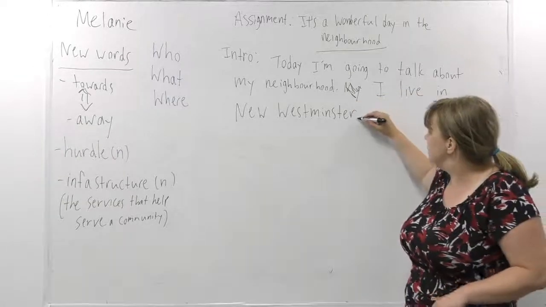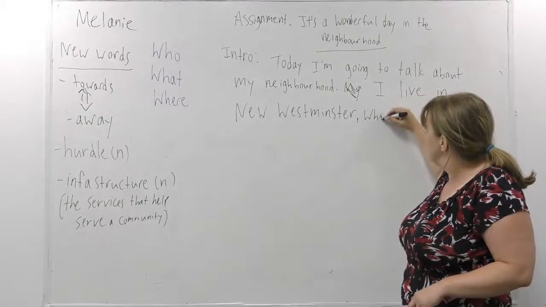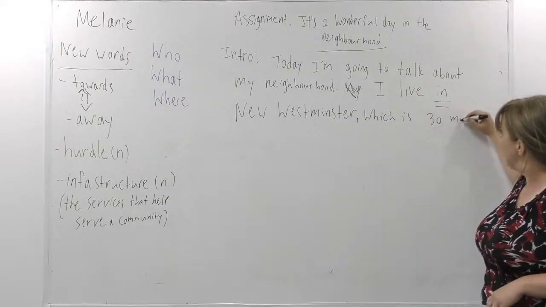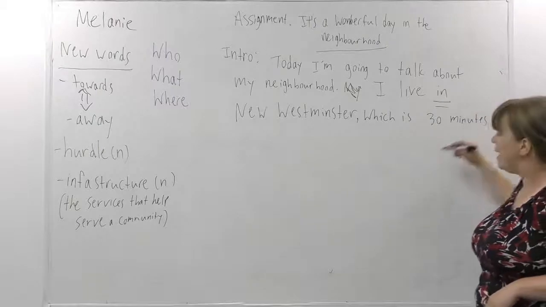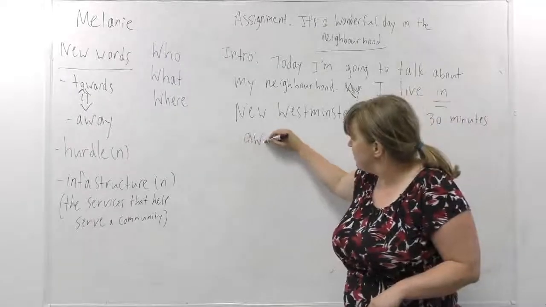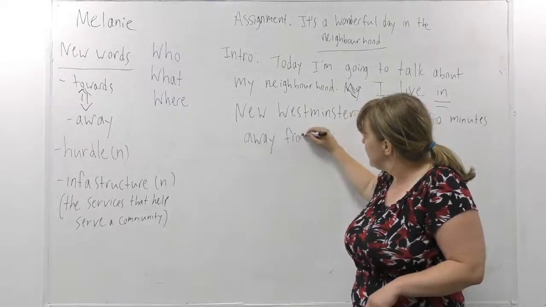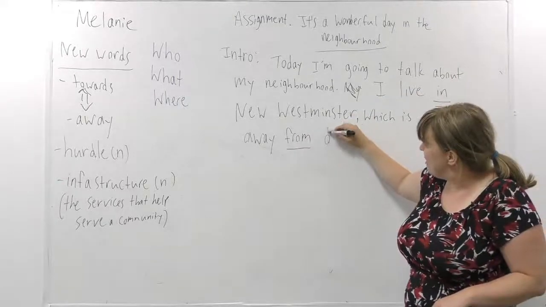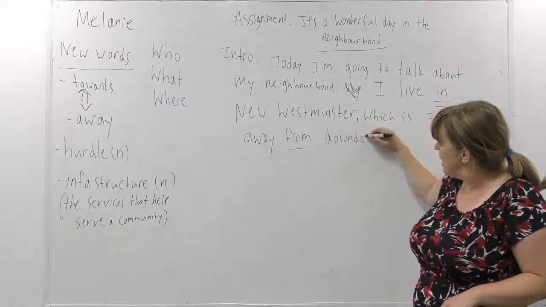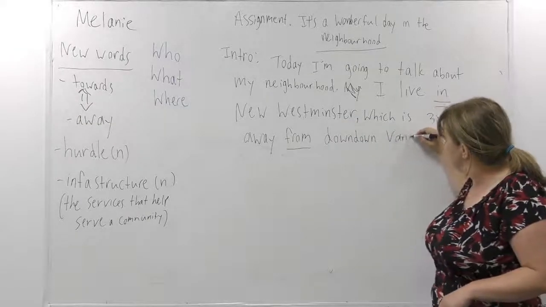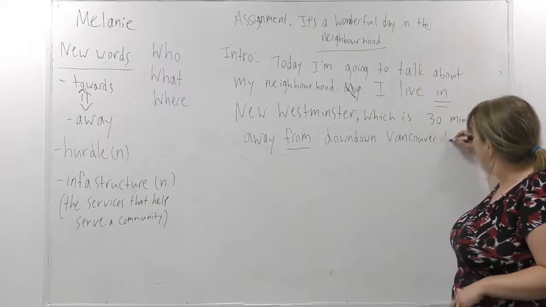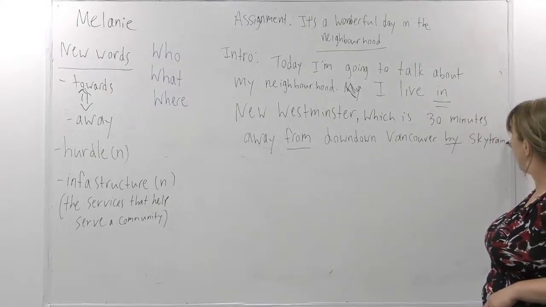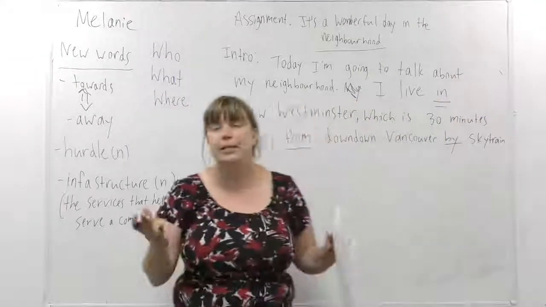I live in New Westminster, which is 30 minutes away from, so here's another preposition, from downtown Vancouver by SkyTrain. So you do not have to copy everything I'm writing, obviously.